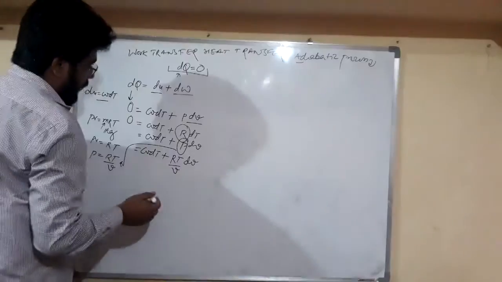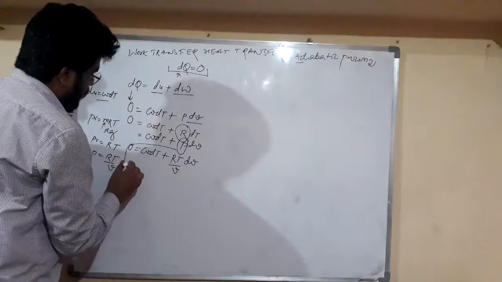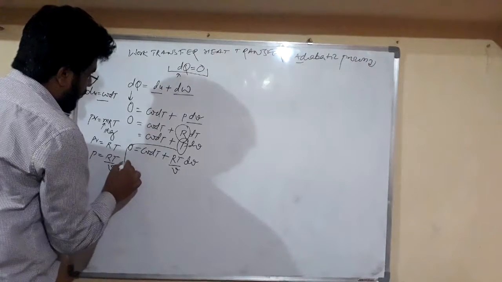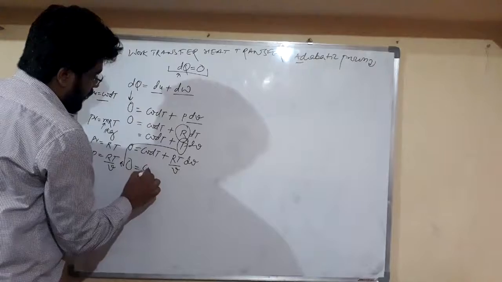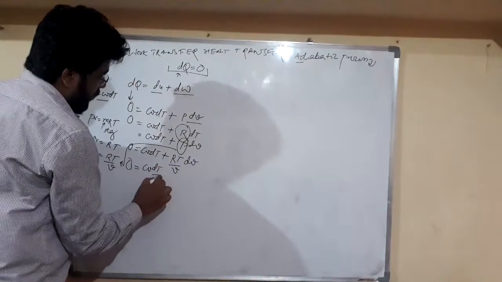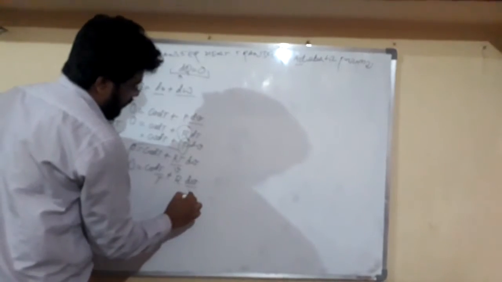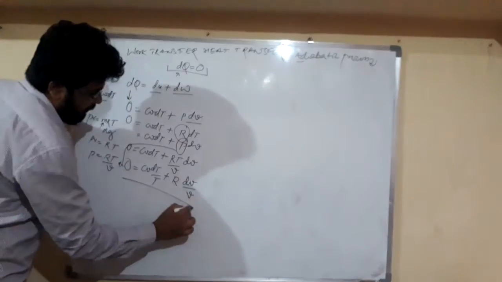So friends, we can write cv dt plus, in p we will write this rt upon v, and this is our dv friends. Now my dear friends, this is equal to 0. We will divide the whole equation by temperature, so it becomes cv dt upon t plus r dv upon v equals 0. Hence this t becomes cancelled with our dividing t and we will reach here.